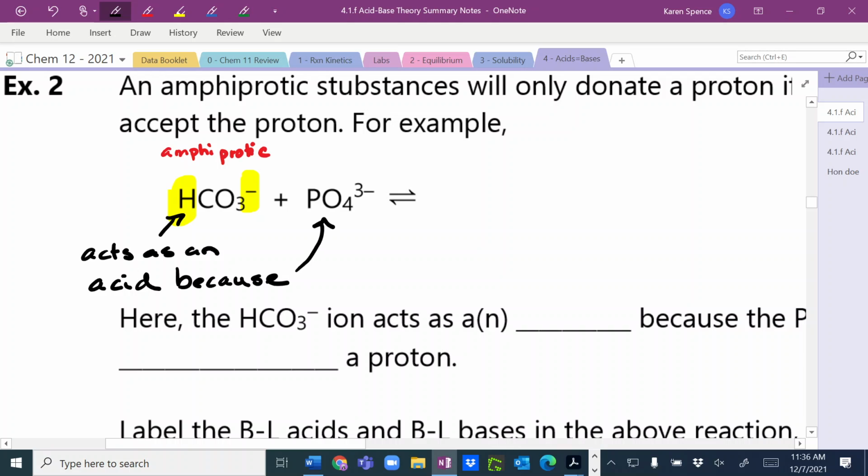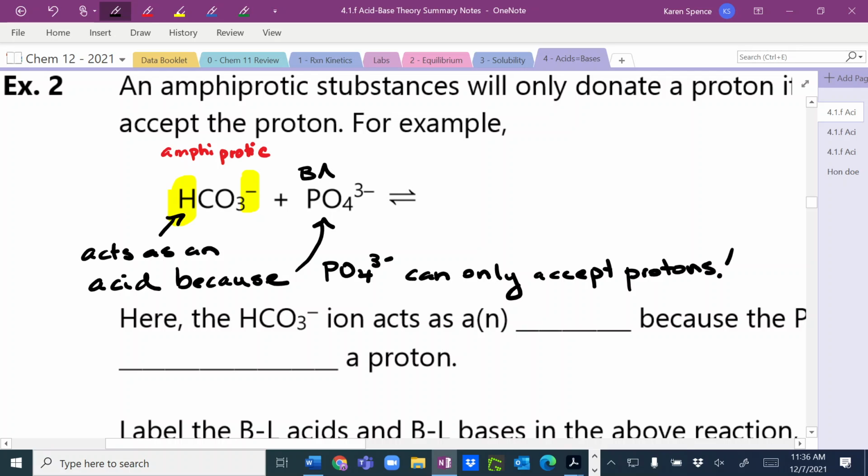PO4 3- can only accept protons. So if this is a base, then this must be the acid.